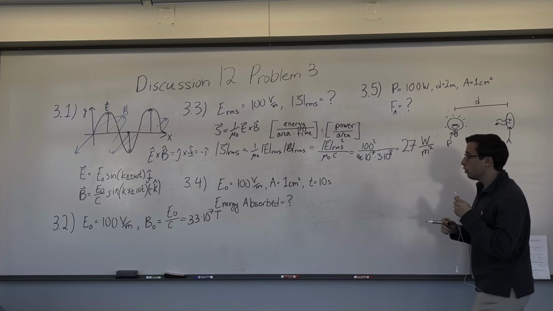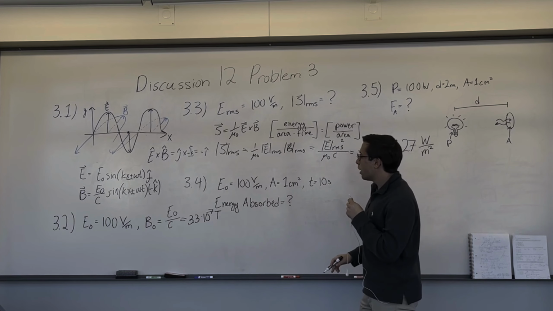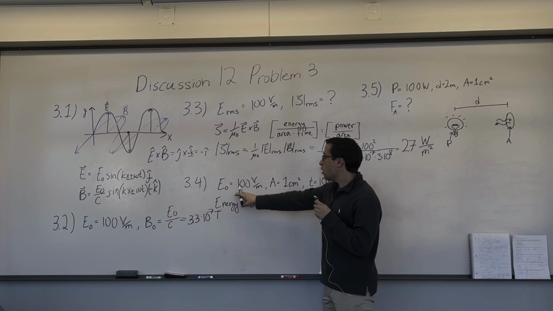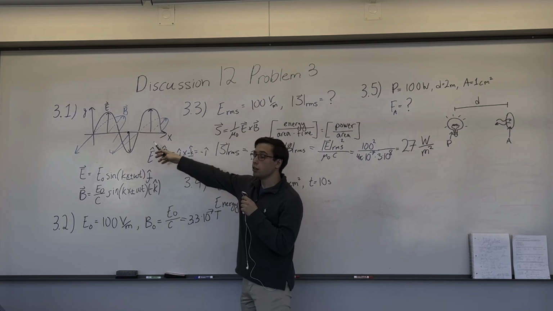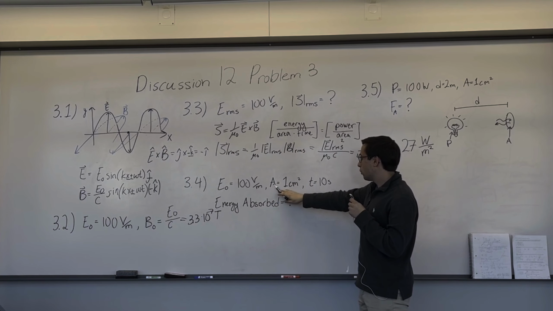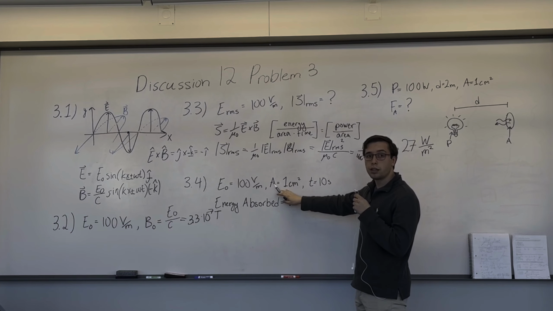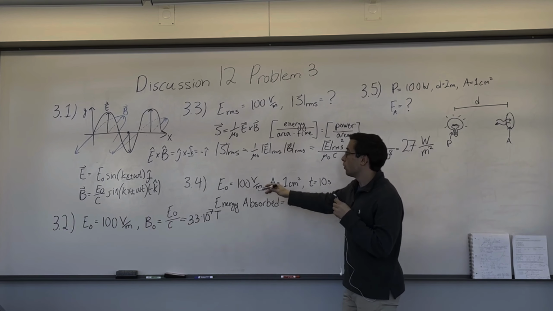Okay, now let's look at 3.4, where now we have our electromagnetic wave like this, but now it's hitting a certain surface with an area, and over an interval of time, that surface is absorbing some energy.